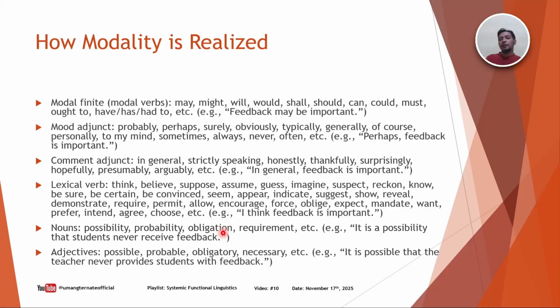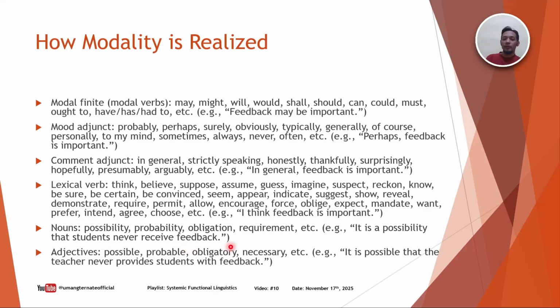Like it is a possibility that students never receive feedback. This is a clause complex. There are two clauses here: it is a possibility, and students never receive feedback.